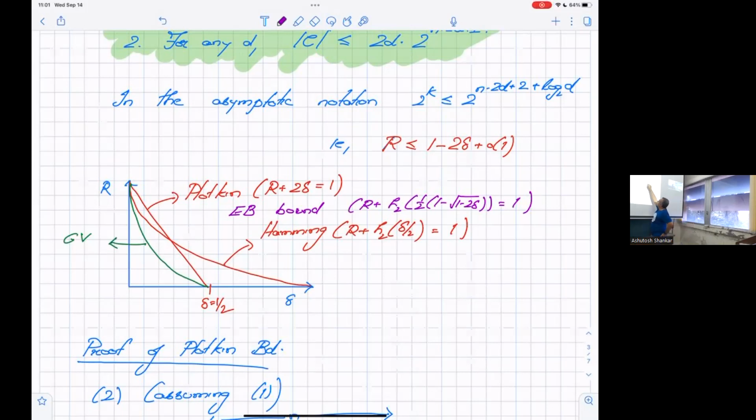So what is it at R equals 0? Let's look at delta equals 0 first. Delta equals 0, it's H2 of half, it's R equals 1. So that's the point (1, 0). Now at R equals 0, this one has to be equal to 1. For that to be 1, this number has to be 0. H2 of half is 1, and for this number to be 0, delta should be half. Therefore, it's exactly this.